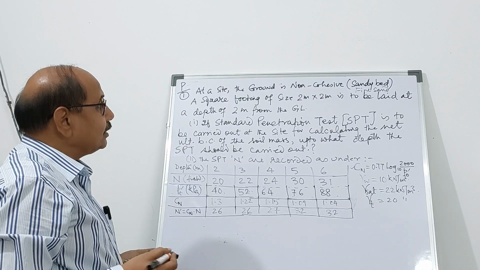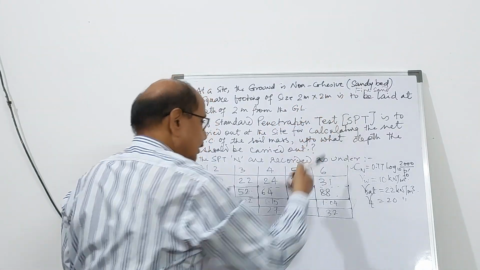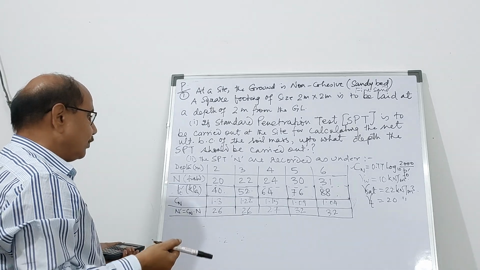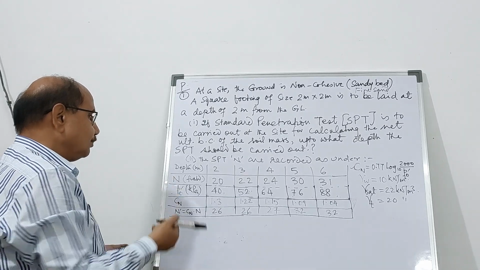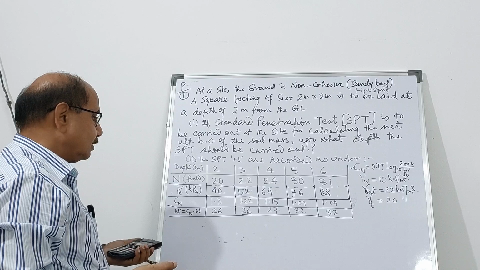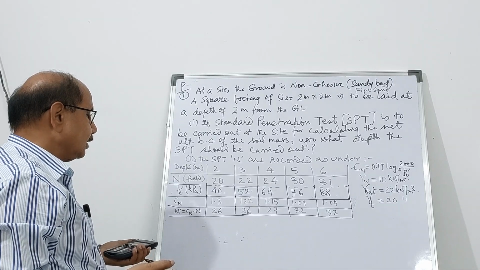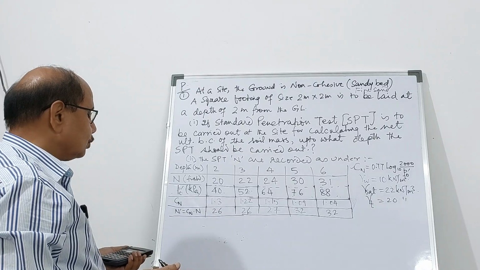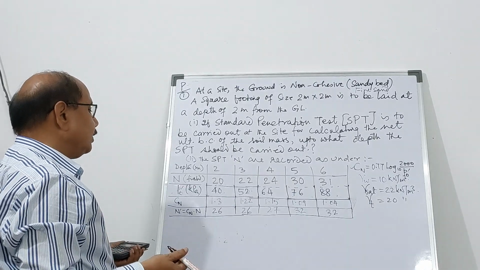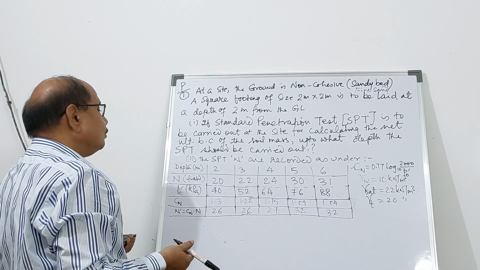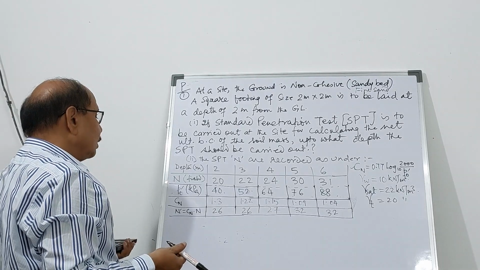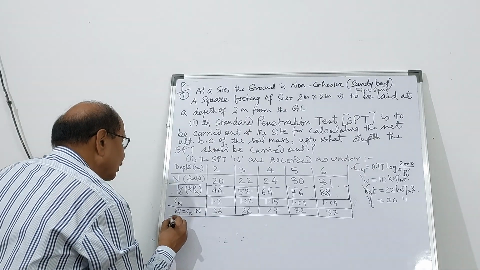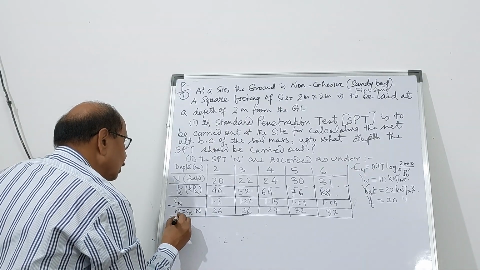Now, because it is made of fine sand, and also at 2 meter the groundwater table is there, we need to go for another correction, due to dilatancy.